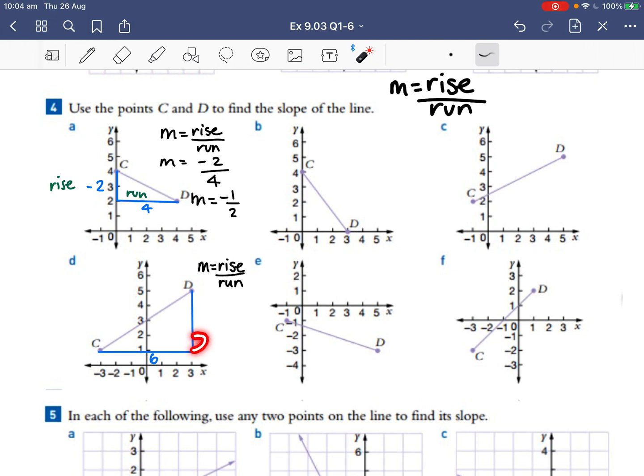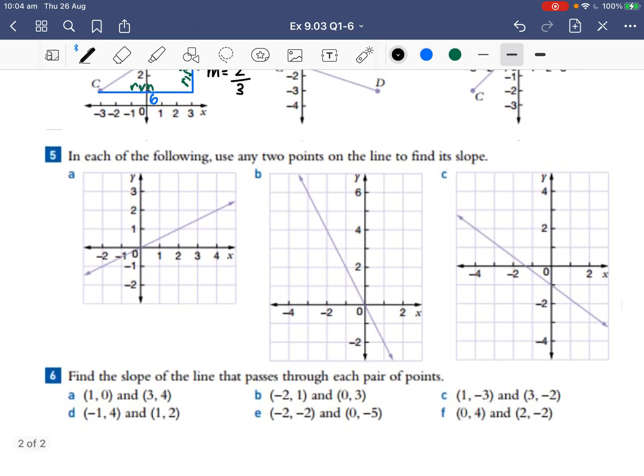So I have a run of 6, and I have a rise of 1, 2, 3, 4. So remember, our rise is our vertical, our run is our horizontal. So M equals 4 over 6, which simplifies down to be 2 over 3.